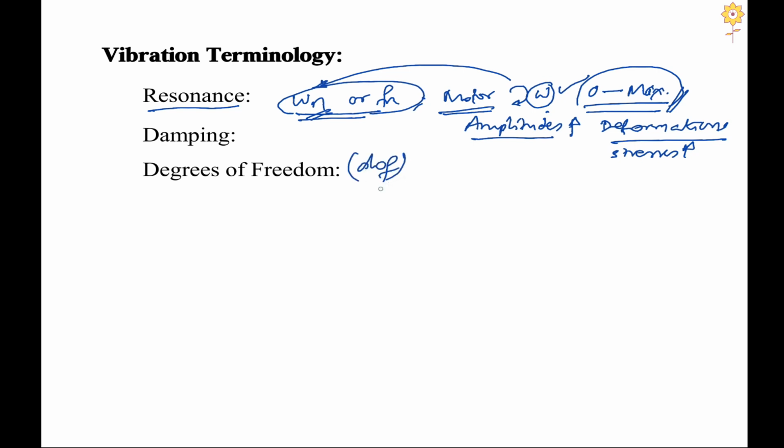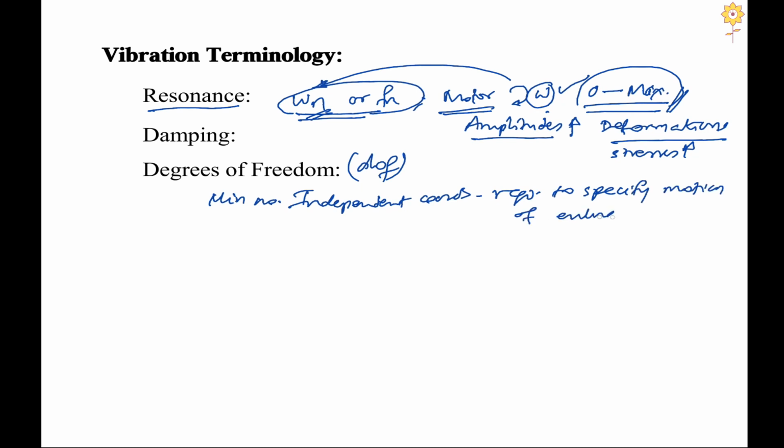It is the minimum number of independent coordinates required to specify the motion of the entire system. Okay. So, what is meant by this? Minimum number of independent coordinates.